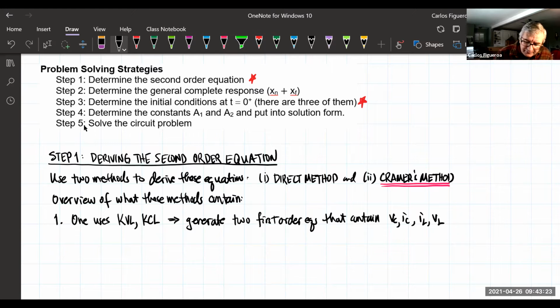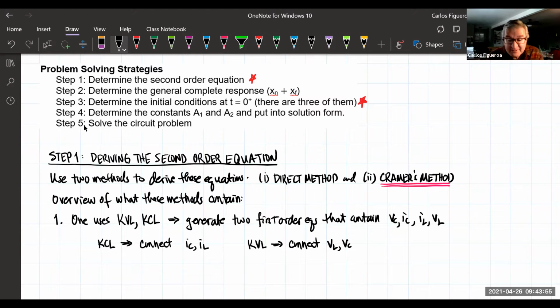So the idea here is to do something like this. If I have KCL, then I have to connect either, let's say, IC and IL, and then you're going to have KVL, where you have to connect VL and VC.